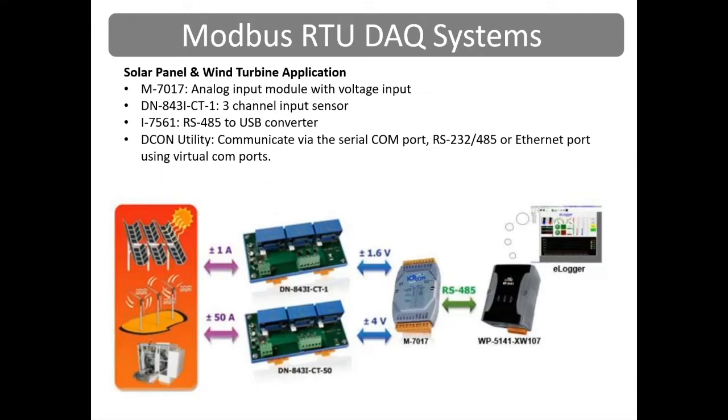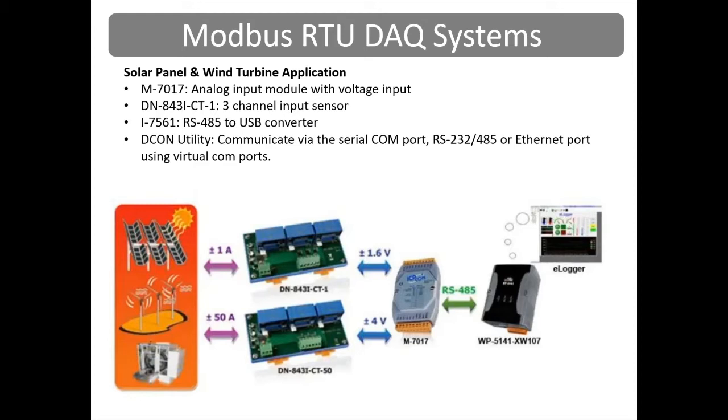The voltage information is passed back to the WP5141 XW107 WinPack controller running a Microsoft Windows CE operating system. We provide free eLogger data logging software that runs in the controller. It shows the information on a screen that is accessible over a web page and also logs the data every minute.